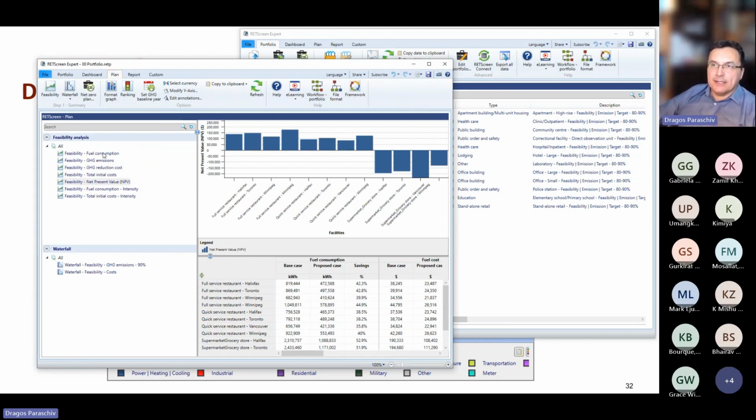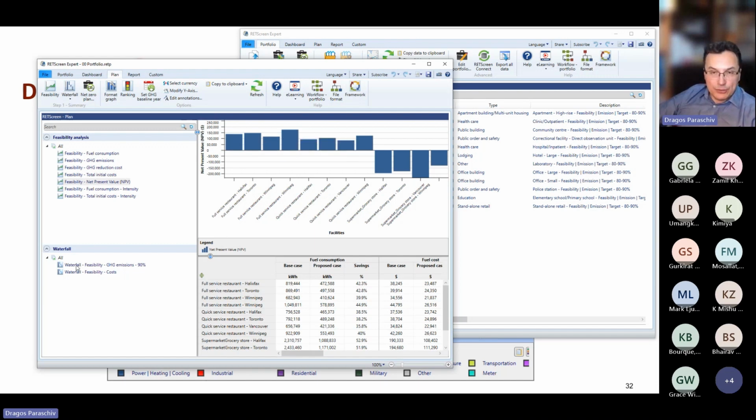I can look at a quick feasibility analysis comparing these projects amongst themselves. As part of the feasibility analysis, I'm looking at the net present value of the projects. Because they are based on the same archetypes, the type of measures are very similar, so you will see these numbers very close to each other.